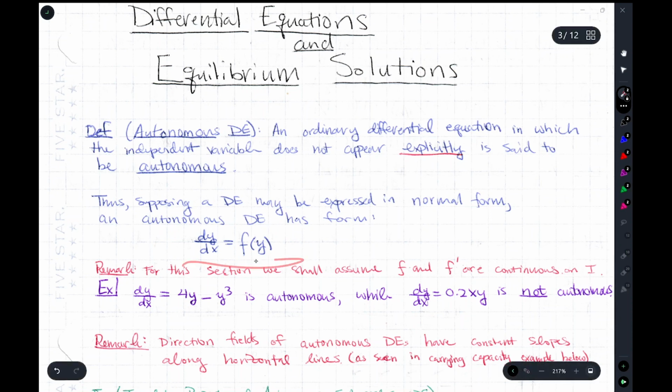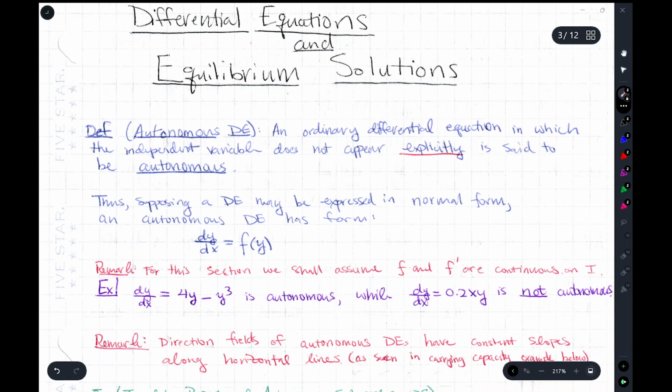Now, what have we written in the past? We've written on the right-hand side that the general expression would be f(x, y). Here, we're saying no, the right-hand side does not depend explicitly on x. It only depends explicitly on y.